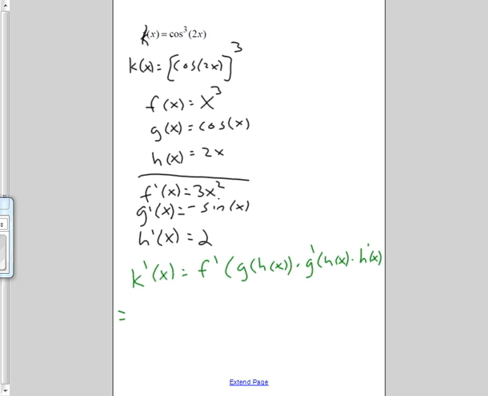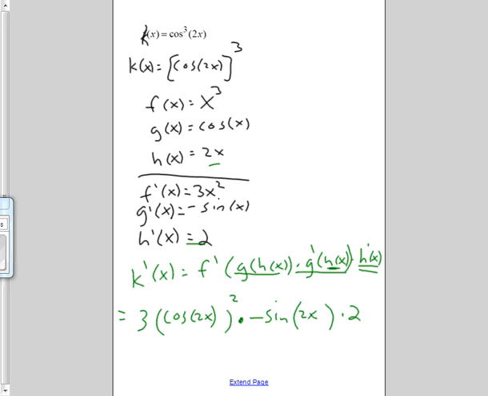So that equals, well, f prime of x is 3 times x squared, where x is g of h of x. So that's cos of 2x squared, times g prime, well, that's negative sine of x, but instead of x, we're talking about h of x, so sine of 2x, times h prime of x, so times 2.